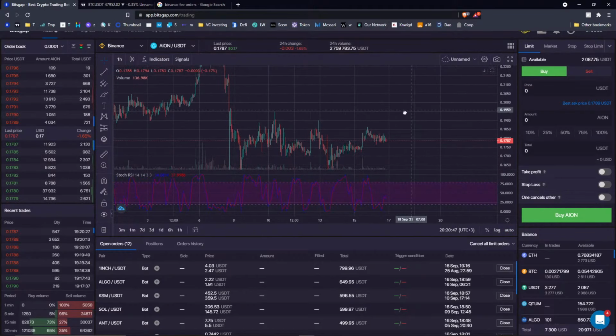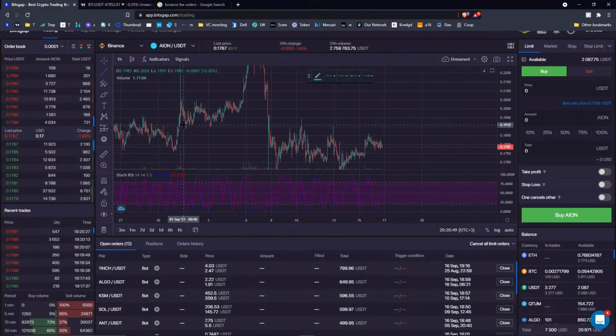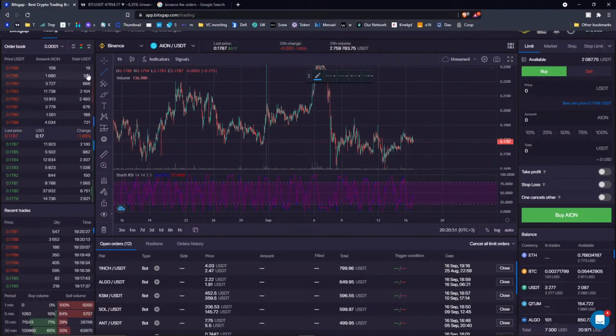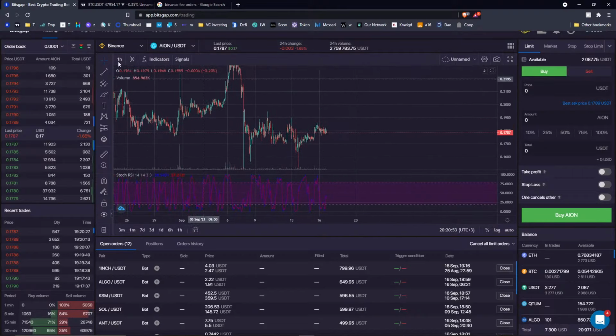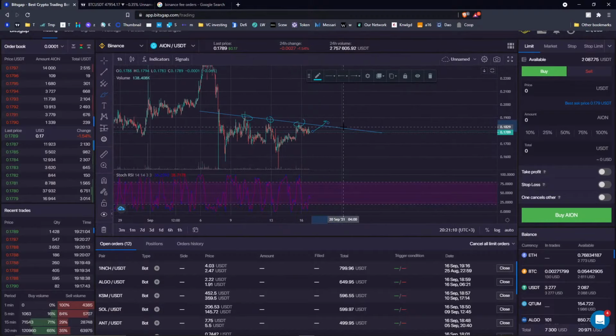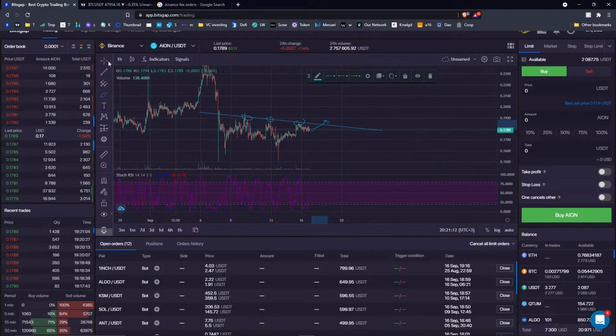So let's say that you found a certain formation on a chart, and you expect the price to breach this angled down resistance line, and you anticipate that once it breaches it, other market participants will buy this coin like crazy, which will move the price to the moon.